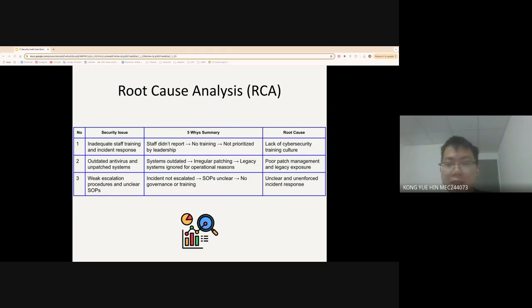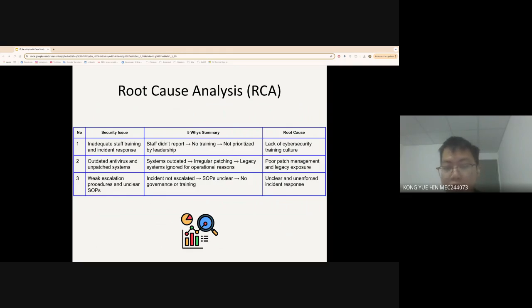Secondly, outdated antivirus and patching practices allowed vulnerabilities to persist. The cause here was not just technical, it was also operational, as legacy systems were excluded from the routine patch cycle.